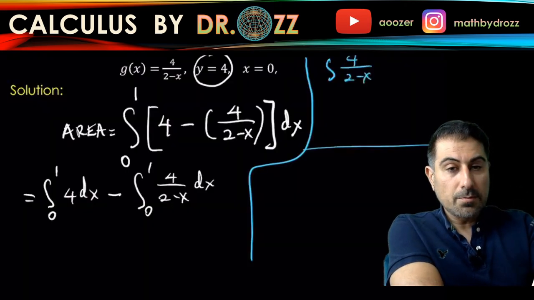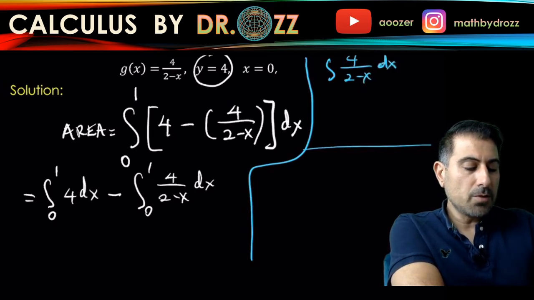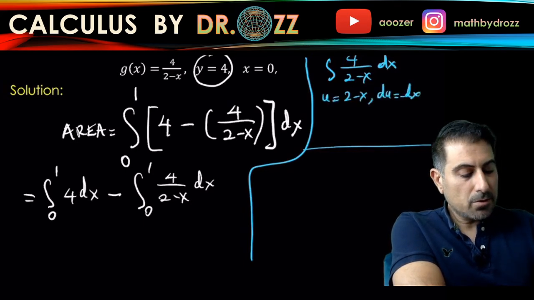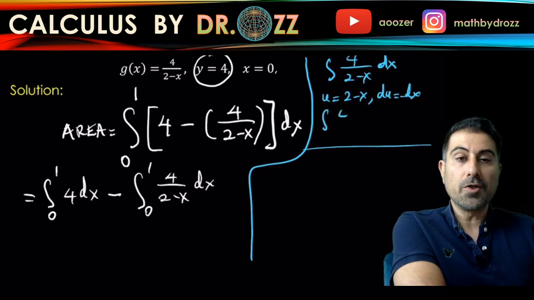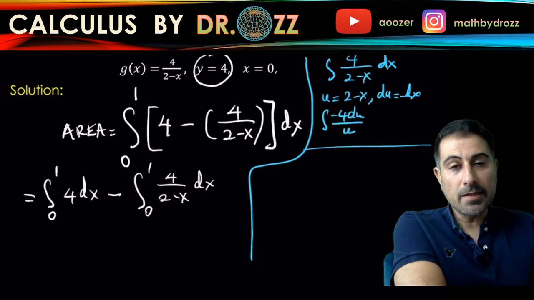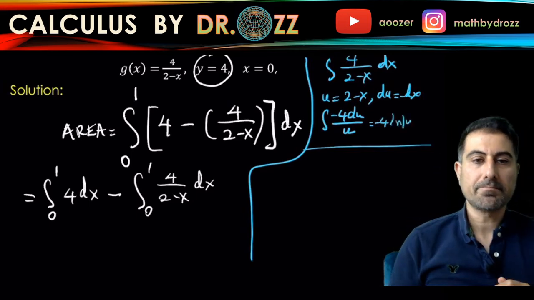So let me just write that down here. You call the bottom u, so that du equals negative dx. All right, and then this integral turns out to be 4 du with minus 1 here over u. If you integrate that, it's an ln type integral, so minus 4 ln absolute value of u plus c.